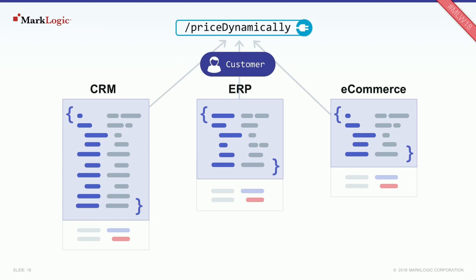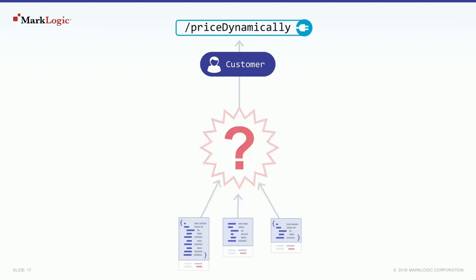And then we can ascribe metadata to it. So what happens next? This is the magic, of course. So we want to take those three different aspects of the customer and expose it as this harmonized view, in the language of the business customer, in order to fulfill our dynamic pricing API.